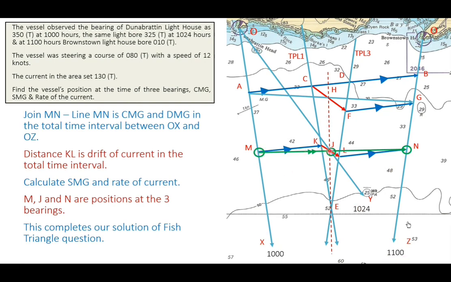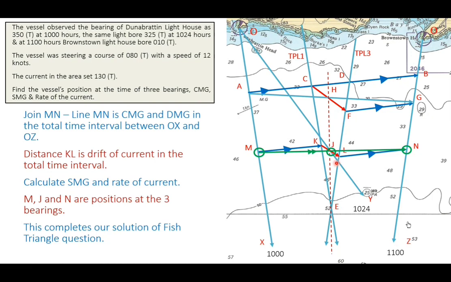So Mike, Juliet, and November are the three positions of the vessel at the time of the three position lines, or at the time of the three observations. Also, vector K to L represents the drift of the current from 1000 hours to 1100 hours. So from this drift K to L, you can also easily calculate the rate of the current now.